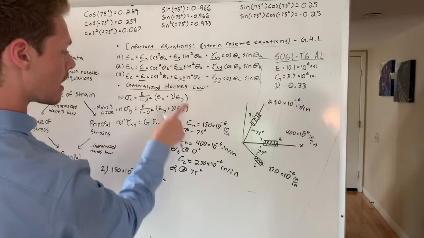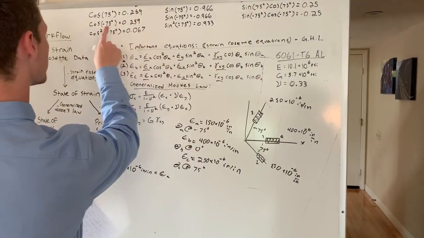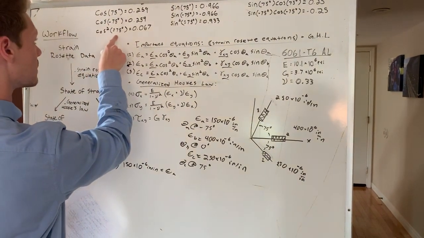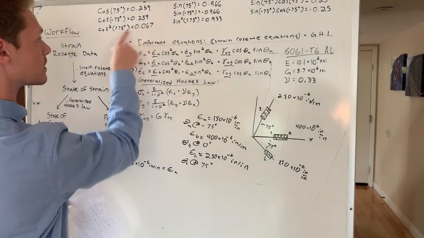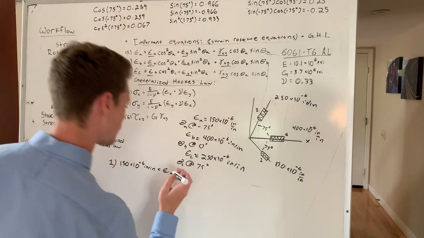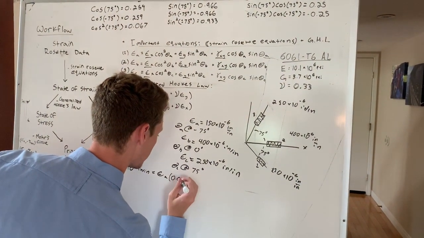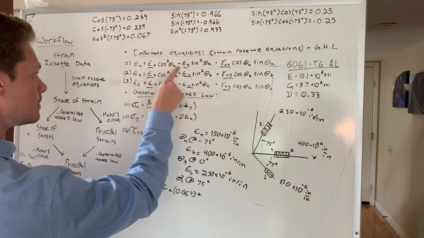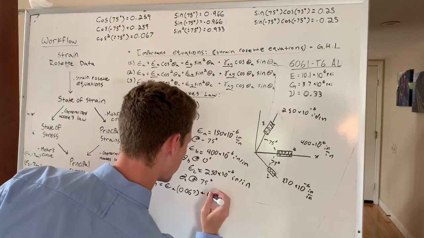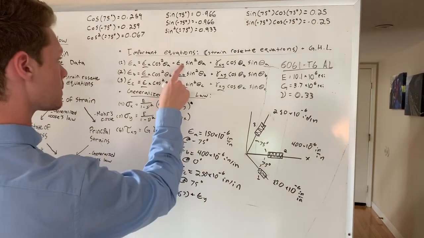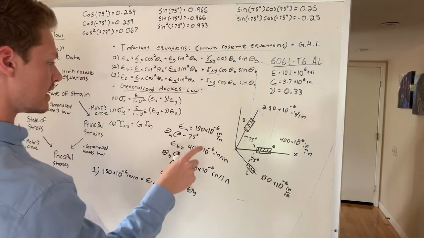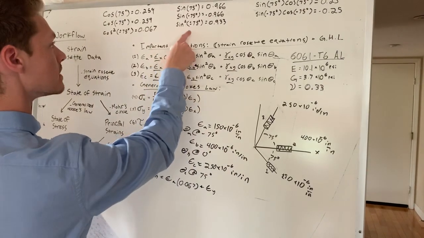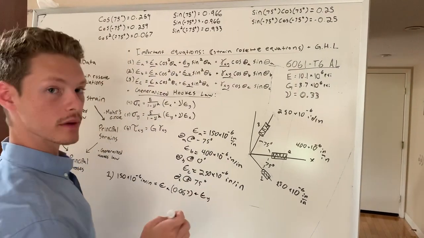Cosine squared of negative 75 degrees is equal to 0.067. Plus epsilon y. Sine squared of negative 75 degrees is equal to 0.933.